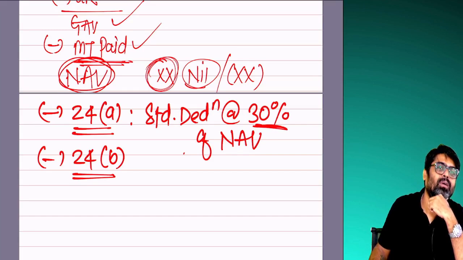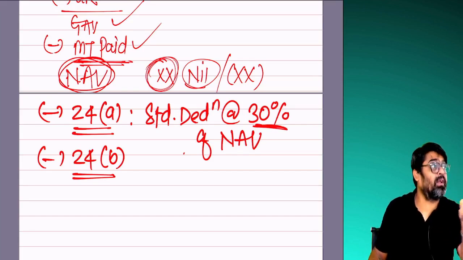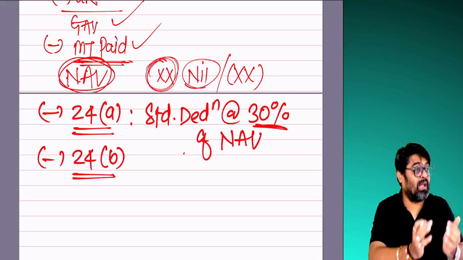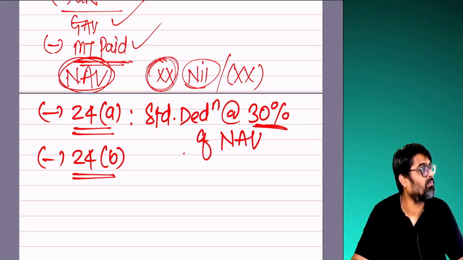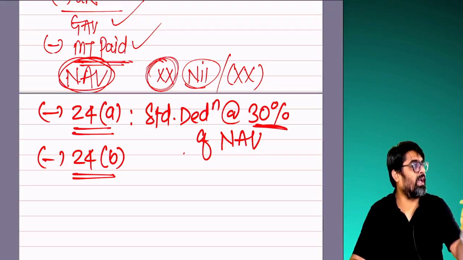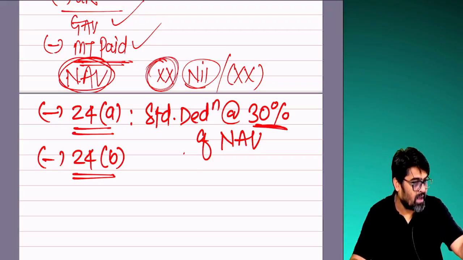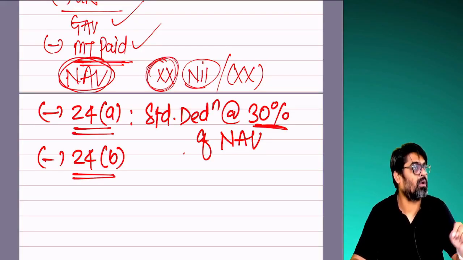Repair and maintenance, you are claiming 1 lakh rupees as a deduction out of your income. Then we'll have to check whether the 1 lakh claimed by you is correct or not.